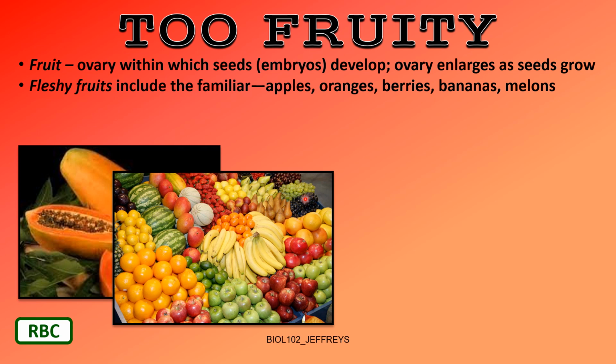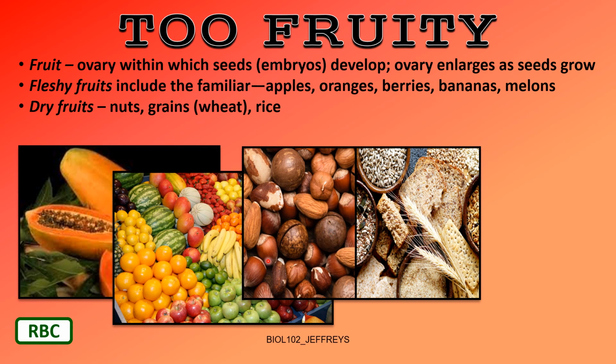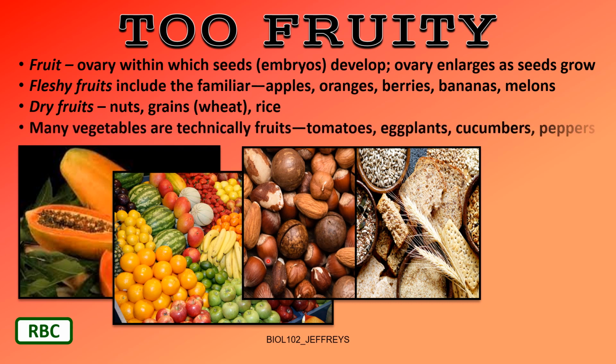Here's some grapes over here, berries. There's bananas, which are fleshy. Okay, those are fleshy fruits. And then you have dry fruits, which are your nuts and grains like wheat, and certainly rice is included in that dry fruit category.